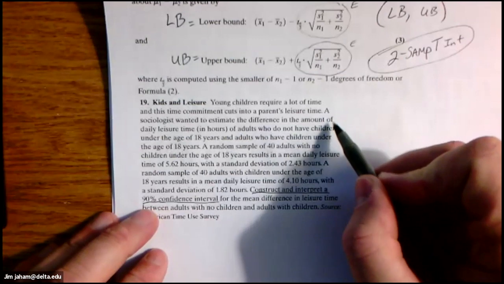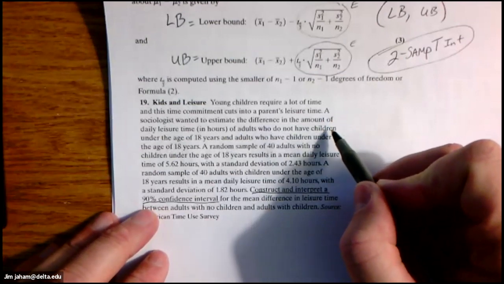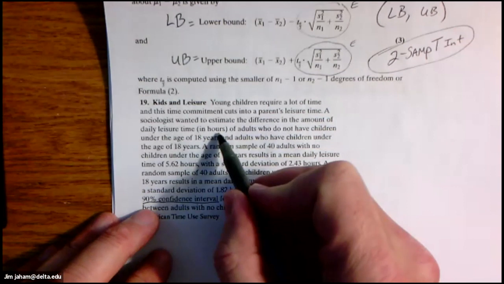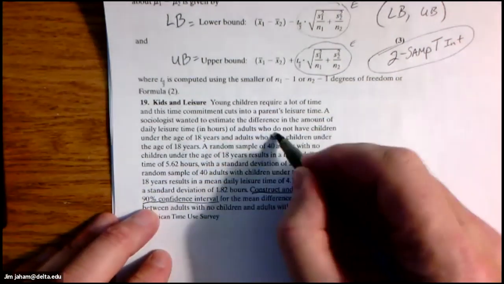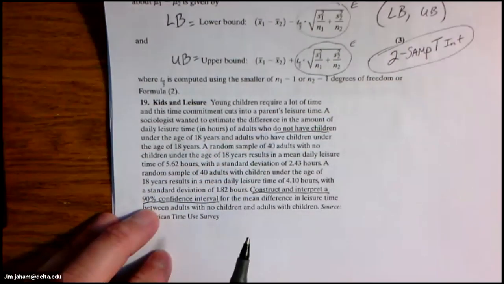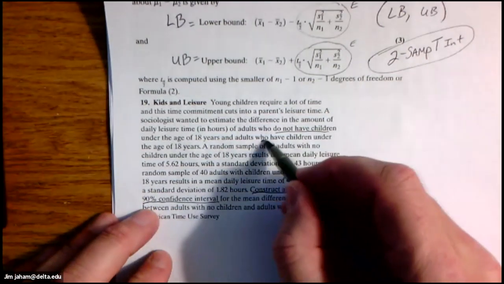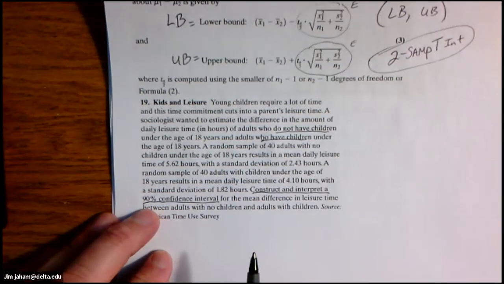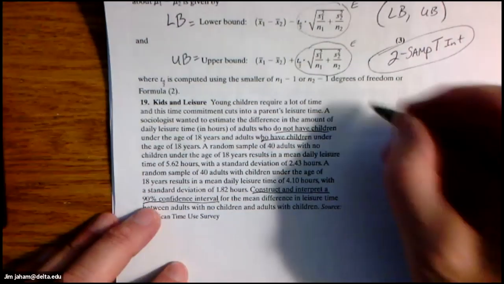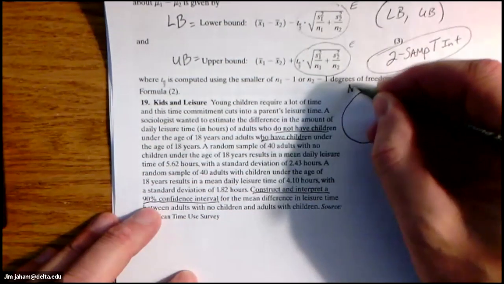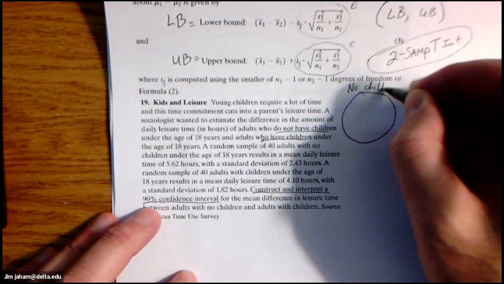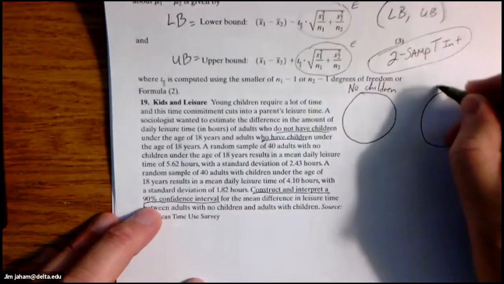A sociologist wanted to estimate the difference in the amount of daily leisure time in hours of adults who do not have children under the age of 18 and adults who do have children under the age of 18. So here are two groups: no children, with children.